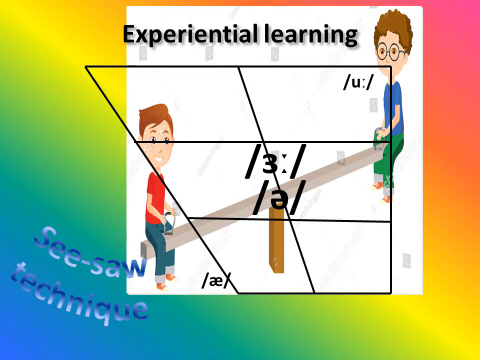We start asking them to produce an open front vowel and start moving in the direction to a close back vowel. While moving, we ask them to stop when they reach the central sound.